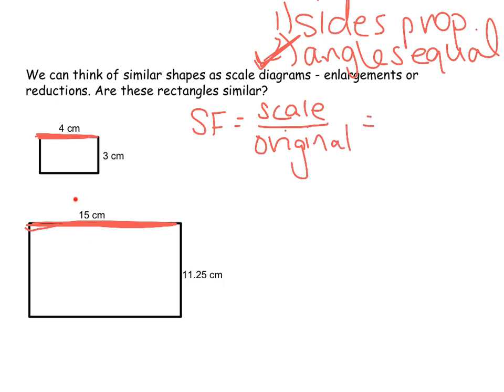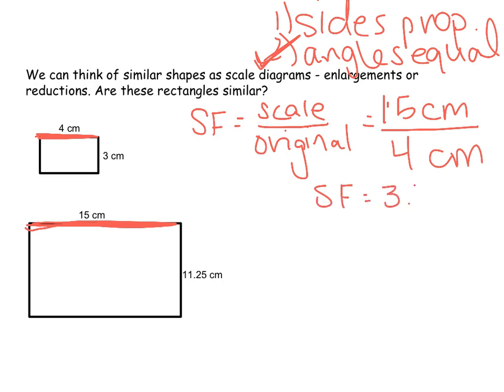And in this case, our scale diagram was 15 centimeters divided by our original, which was 4 centimeters. And that'll give us, excuse me while I bring out my calculator, 15 divided by 4 will give us a scale factor of 3.75.